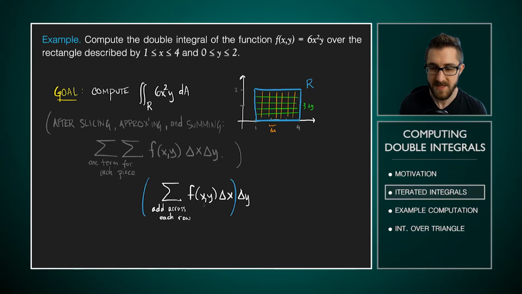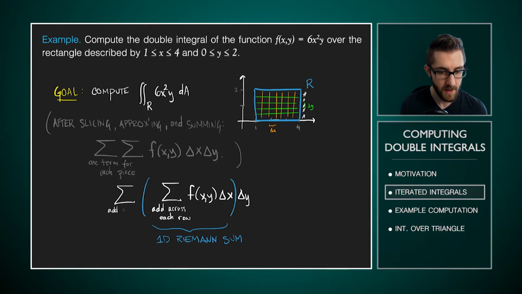And what that means is that this is approximately a one-dimensional Riemann sum. And now once we've added across each row, the row sums, which I wrote in the margin here, like we had a bunch of numbers, one for each row in that grid example, for each of these, we want to add them all up vertically. All the different rows have different y values. So we're summing across each row first, and then we're adding up all of the row sums.